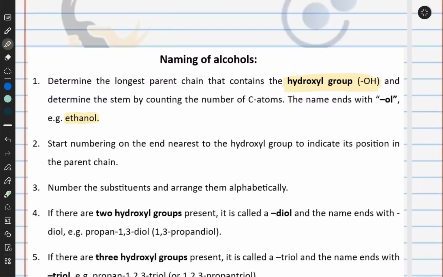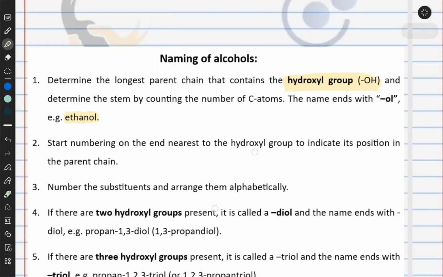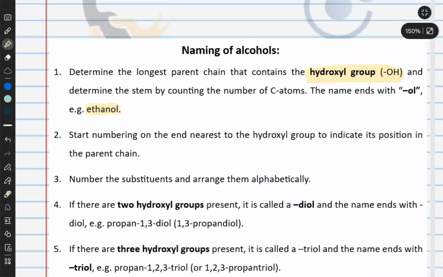Okay, so then what happens is similar to what we were doing for the alkynes, alkenes, and haloalkanes. We always start numbering from the side that will be nearest to our hydroxyl group in this case. In the case of haloalkanes, we would start numbering from the end that is nearest to the halogen atom.